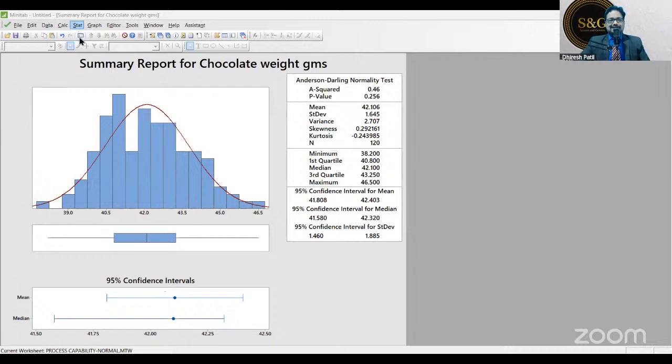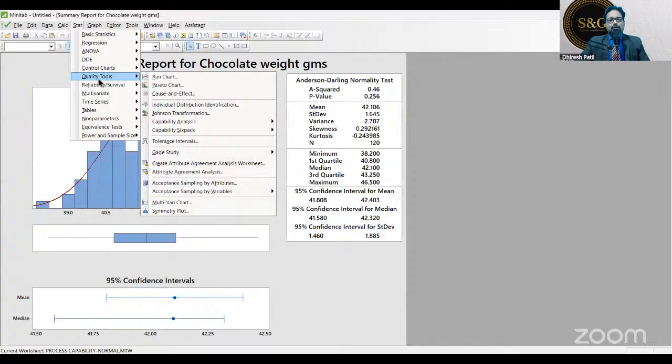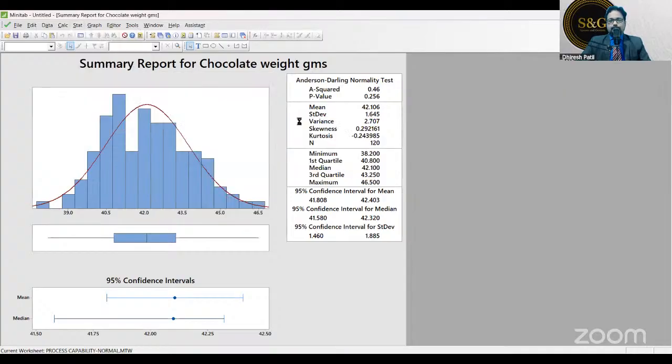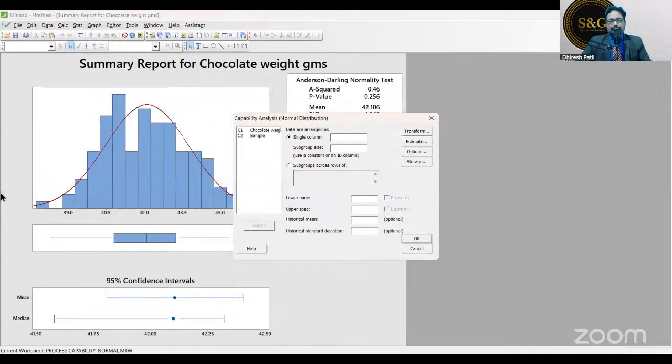Chalo, let's go to Stat, Quality Tools. Now we'll go for the capability analysis, Normal. Now this window will appear.